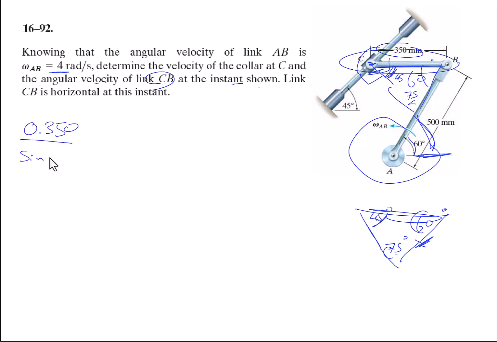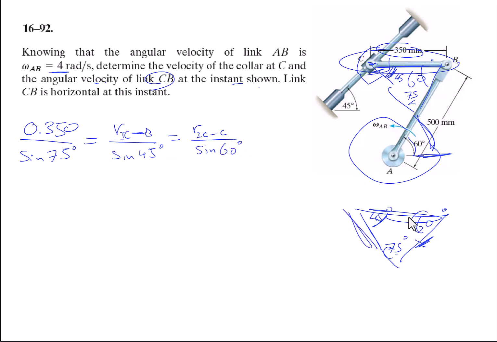0.35 over sine 75 is equal to the relative position of the instantaneous center with respect to B over sine 45, and these ratios are equal to the position of the instantaneous center relative to C over sine 60.